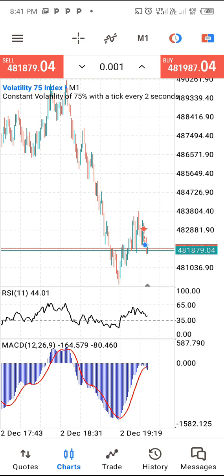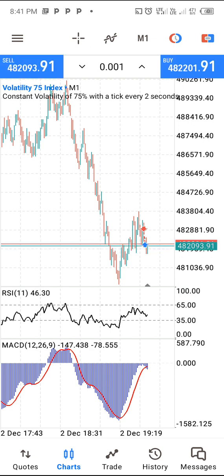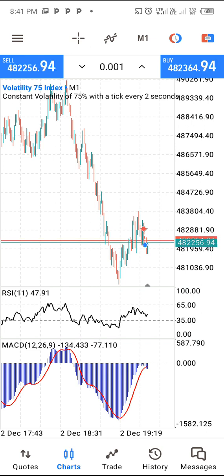So guys, what I'm talking about here is how I do my scalping. This is the relative strength index, this is the MACD, and this is the RSI. What I actually do here is wait for the RSI to go above the 65 moving average. You can see the 65 here.